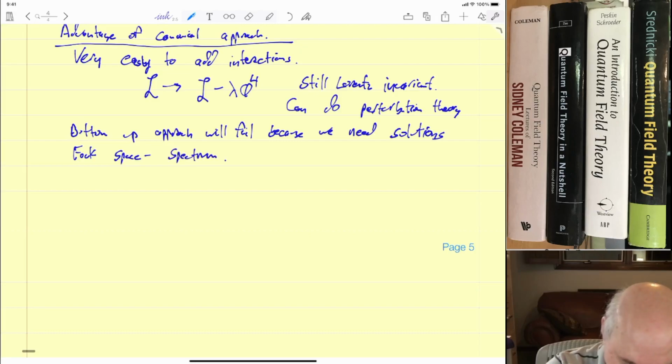And we don't have the spectrum because our equations are nonlinear.